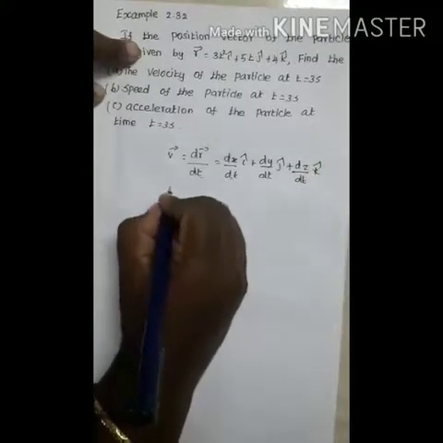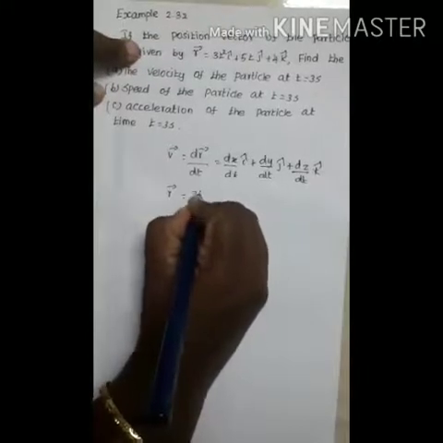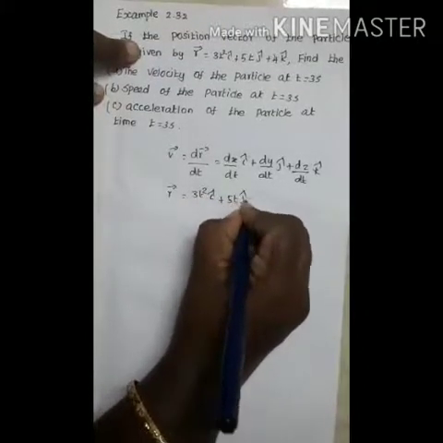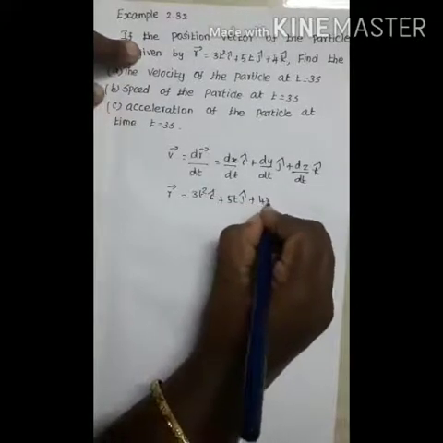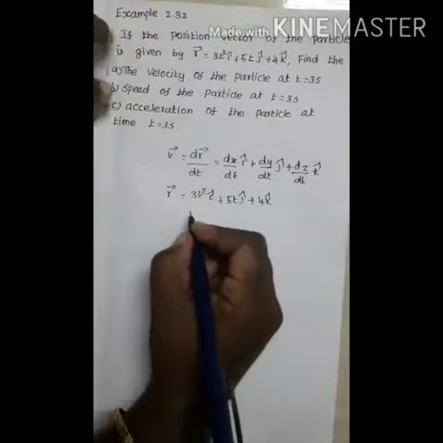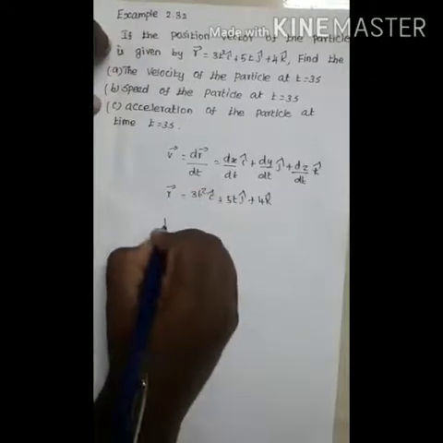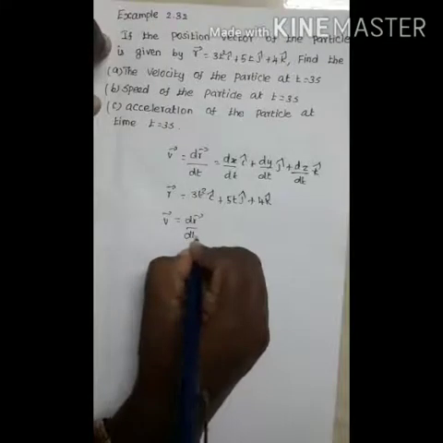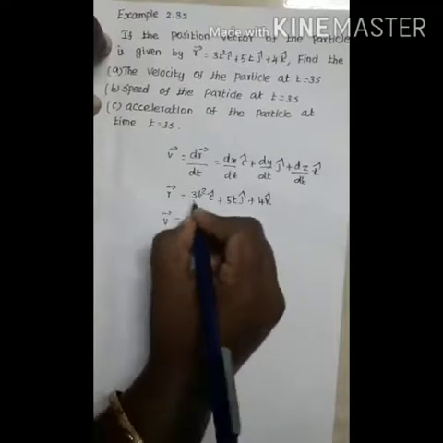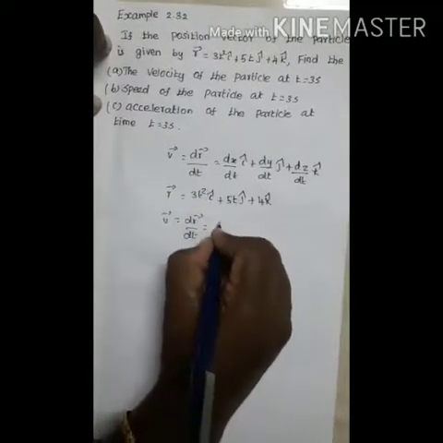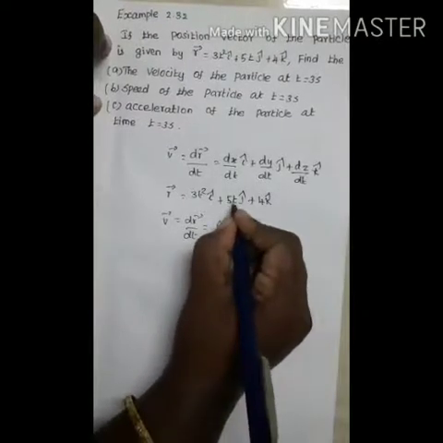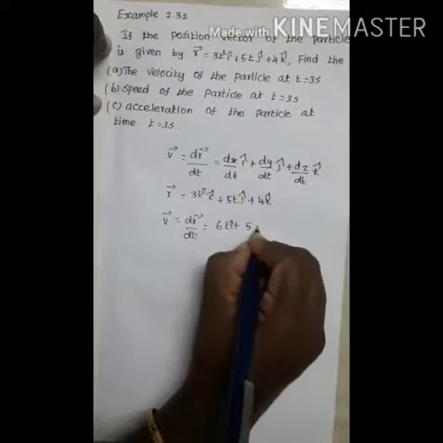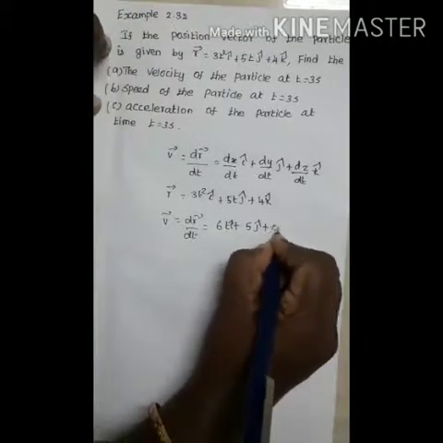The r value is given, r is equal to 3t square i cap plus 5t j cap plus 4k cap. Now we find the value of velocity. v vector is equal to dr vector by dt. Therefore, differentiating this equation, 3t square i cap gives 6t, and 5t gives 5 j cap, plus 0.